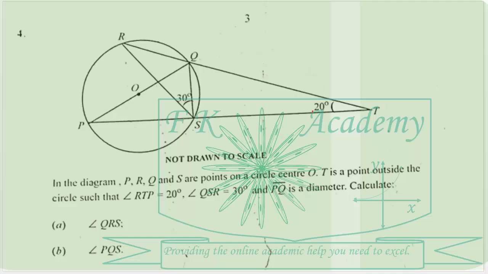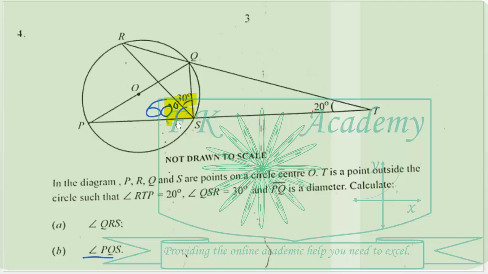Now we want to find angle PQS. Remember that this whole angle here is supposed to be 90, and part of it is 30. So the remaining one will be what? Yes, 60 degrees.